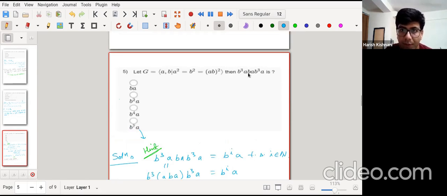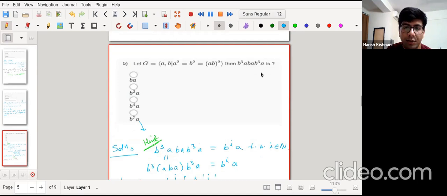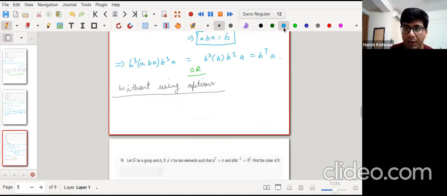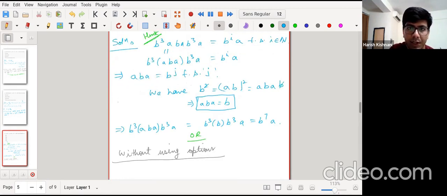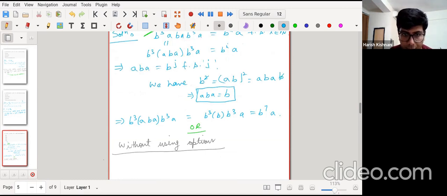So see, in this b cube ab cube a, you can write b cube as b times b square, then it will become b cube, a, b, a, b cube, and then a, which is the same as b cube a b a b b square a. Now this is in a simplified form.